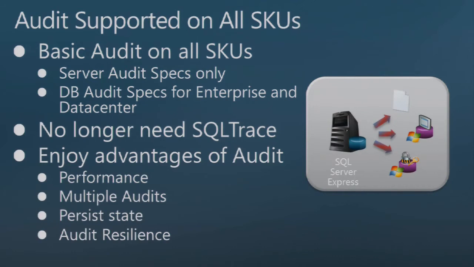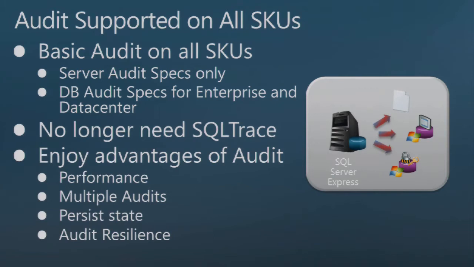Audit is now available on all SKUs. The basic core audit functionality includes server audit specifications. The server audit specifications are available on all SKUs, but we reserve the database audit specs, which include the granular audit capabilities, for Enterprise and Datacenter.